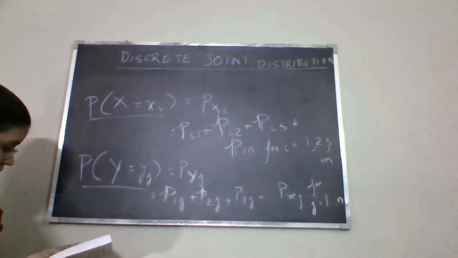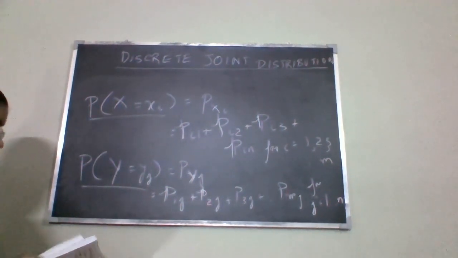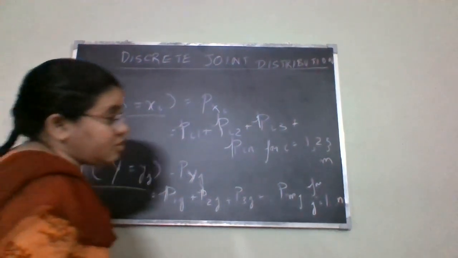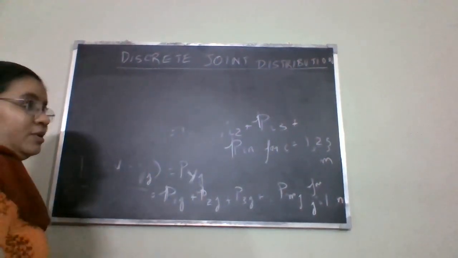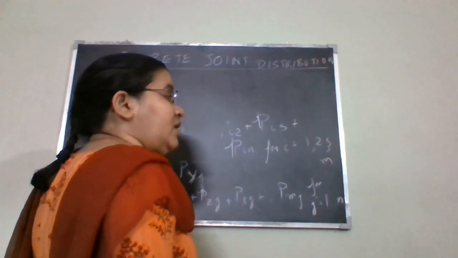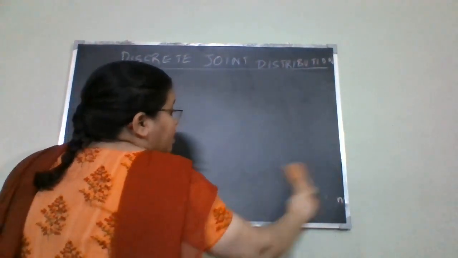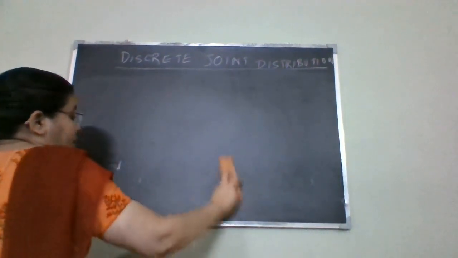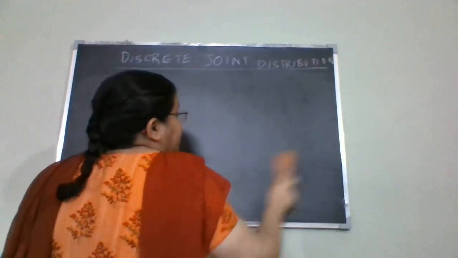Next, we write down the probability distribution of capital X. How to write the distribution of a random variable was covered in the previous videos; those who cannot understand, please follow my previous videos uploaded in this tutorial.